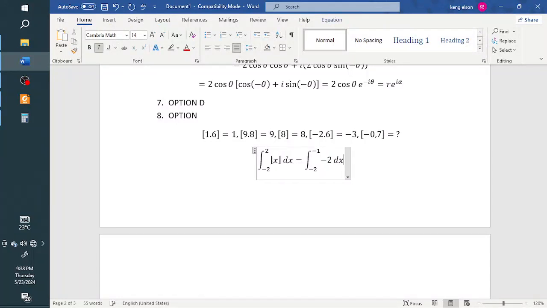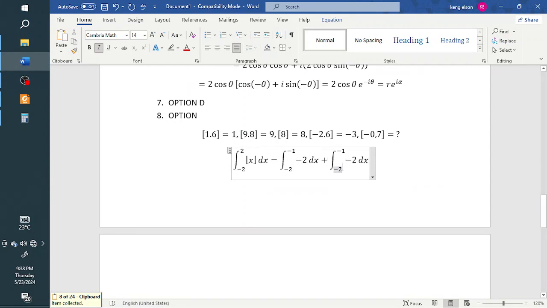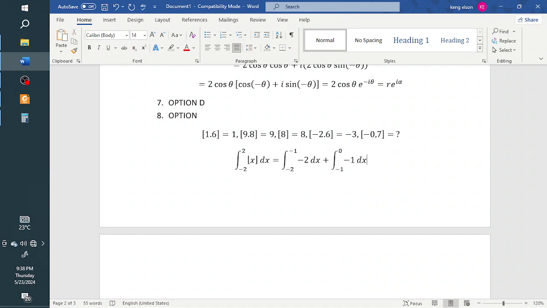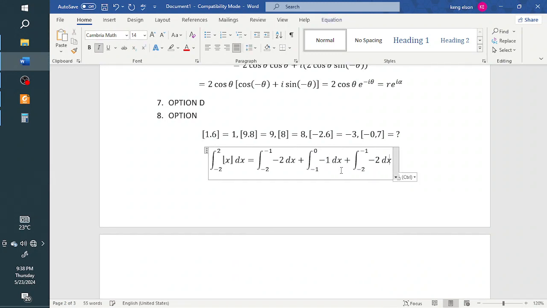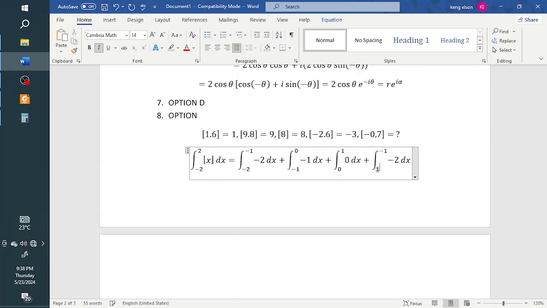Now from -1 to 0, it is -1, right? From -1 to 0, we are integrating -1. Then from 0 to 1, we are integrating 0, right? Then from 1 to 2, we are integrating 1.